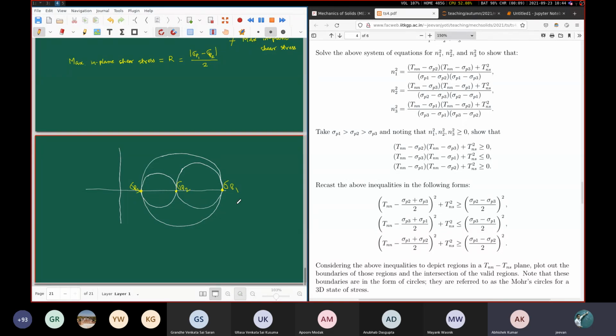Okay. Now you consider this circle, sigma TNN minus sigma P2 plus sigma P3 by 2. So this is the center of this circle. This is the x component of the center. So which circle is this corresponding to? So let me mark out these things.